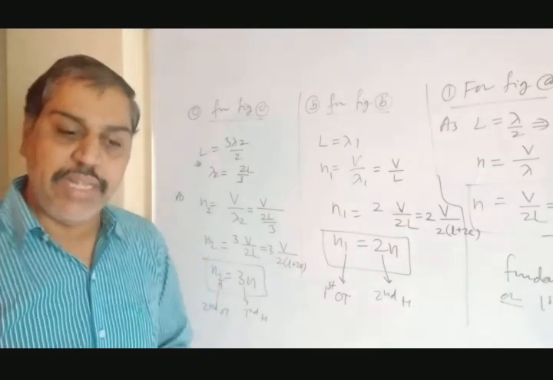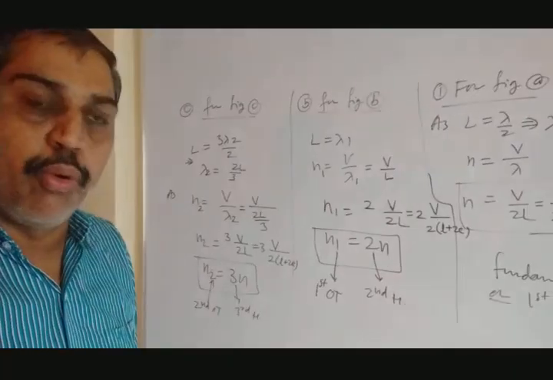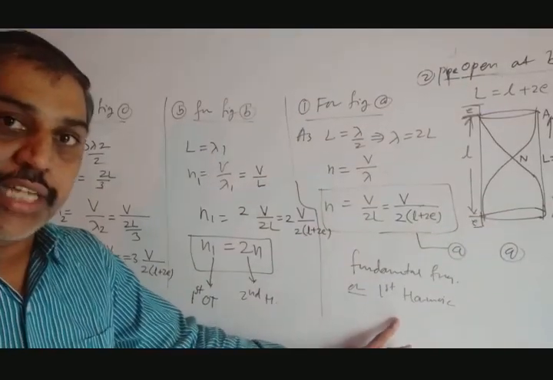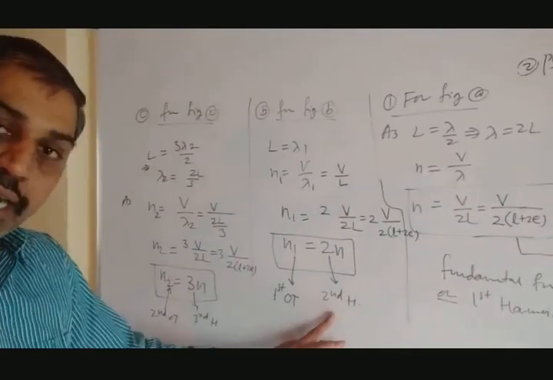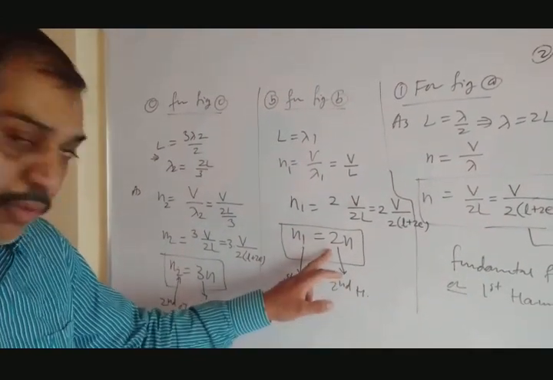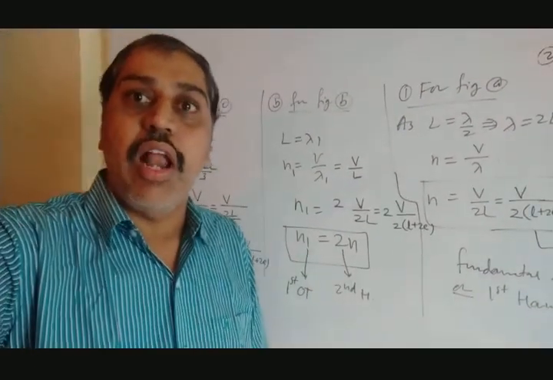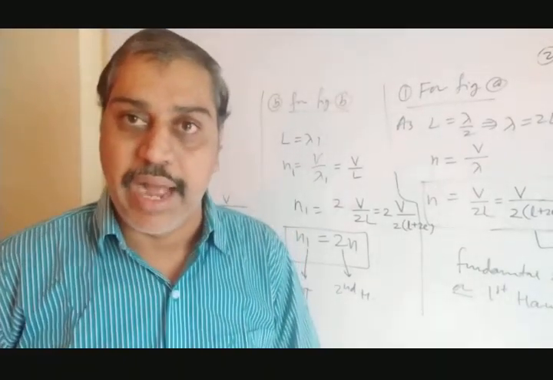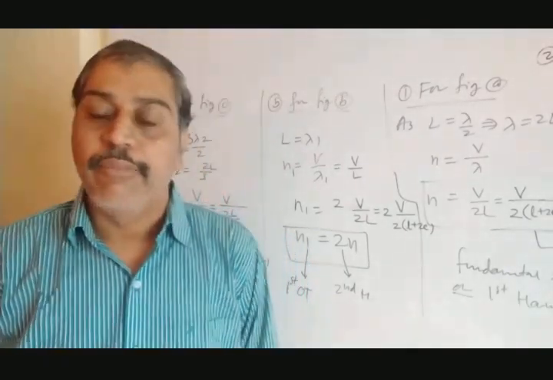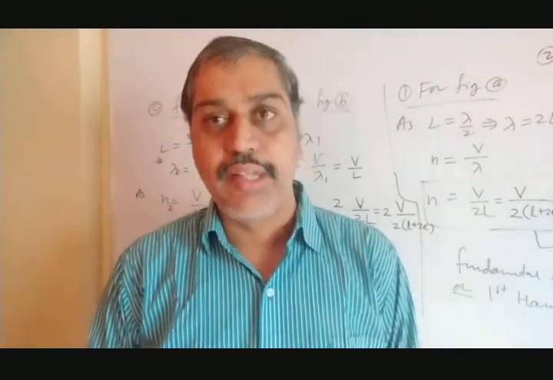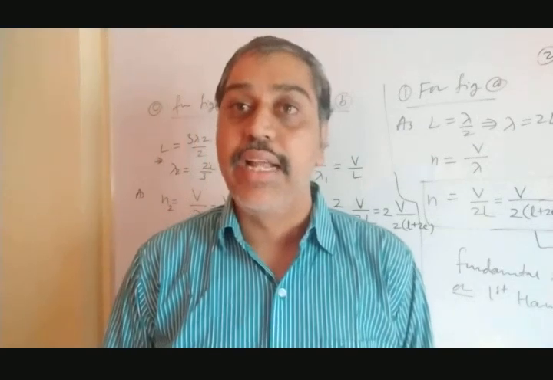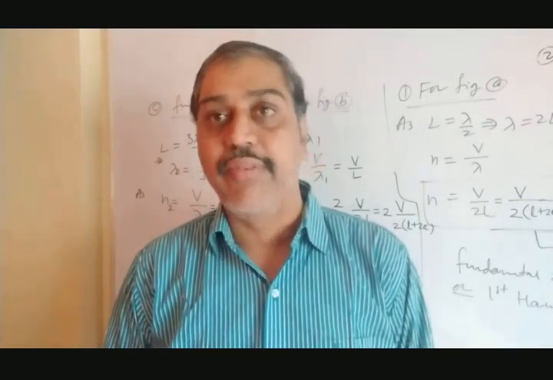As you see, when a pipe is open at both ends, the first harmonic is there, the second harmonic is also there, the third harmonic is also there. What does it mean? All harmonics are present for a pipe open at both ends. Even as well as odd harmonics are present, or we can say integral multiples of the fundamental frequency are present.